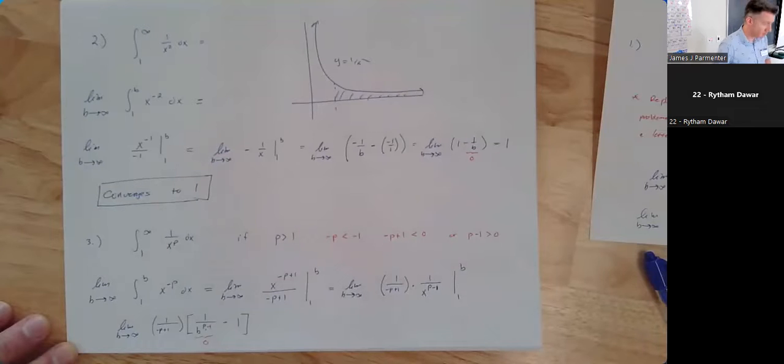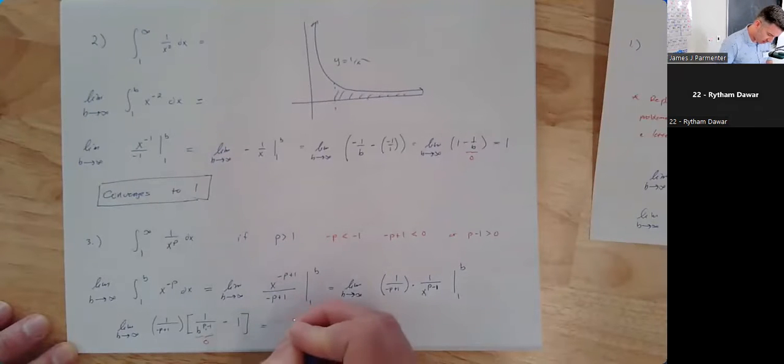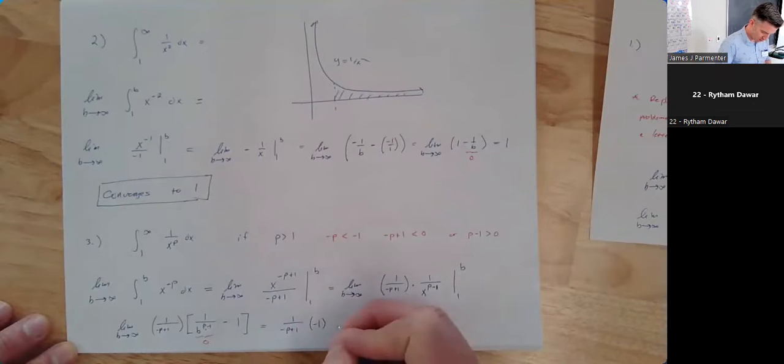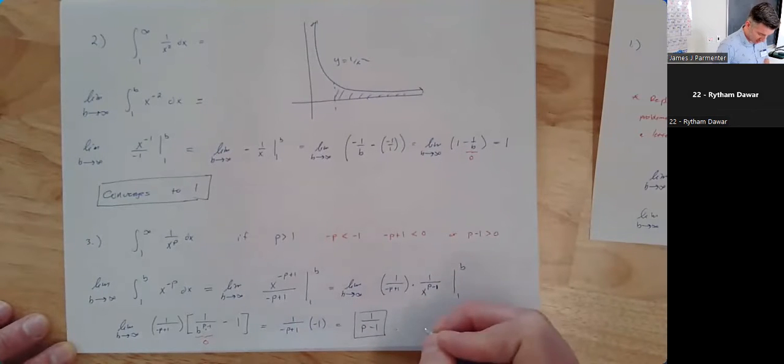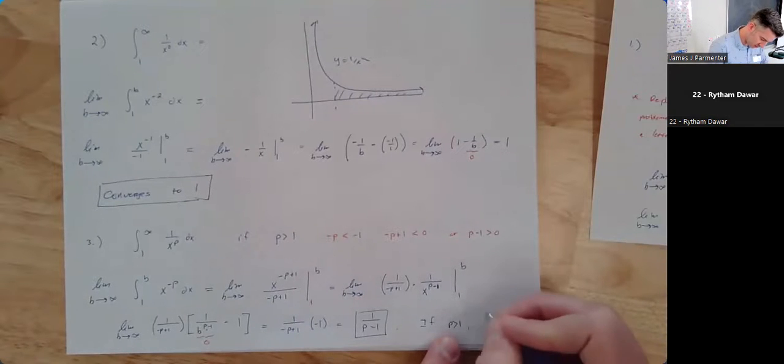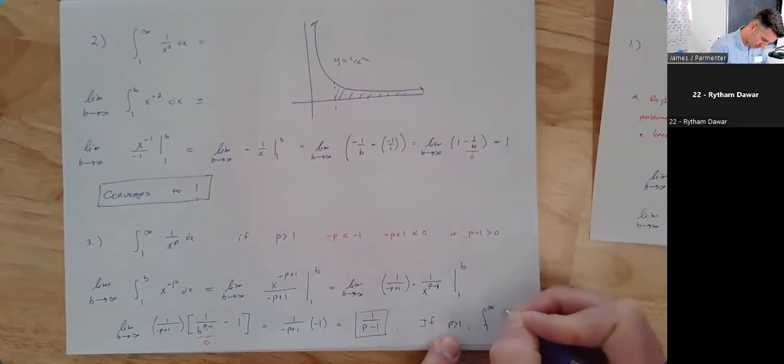That's going to go to 0. So you're going to end up with 1 over negative p plus 1 times negative 1, or positive 1 over p minus 1. So if p is larger than 1, this integral converges.